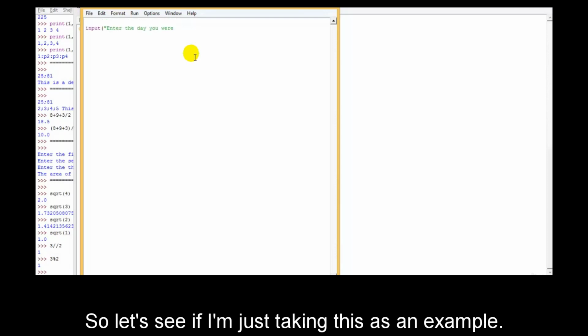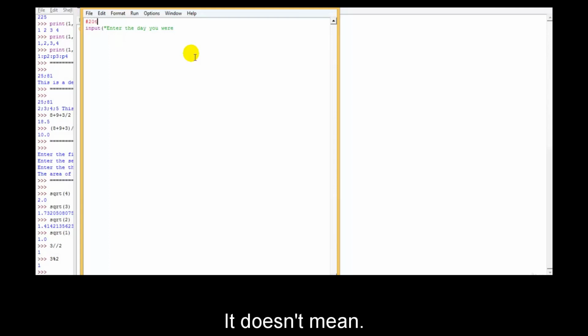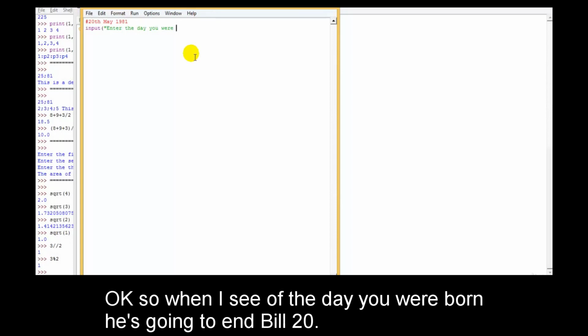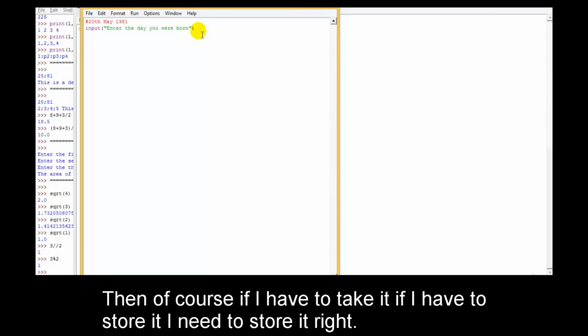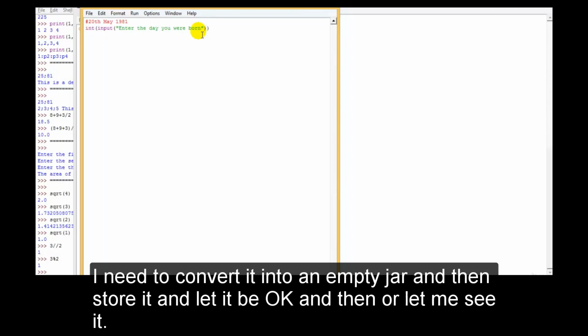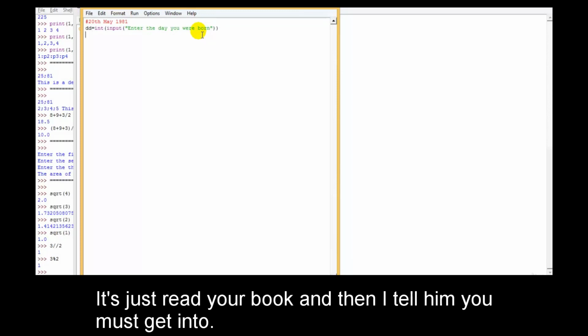So let's say, I'm just taking this as an example, okay, it doesn't mean 20th of May 1981. Okay, so when I say enter the day you were born, he's going to enter 20. Then of course, if I have to store it, I need to convert it into an integer and then store it into, let's say, day, or let me say dd, it's just a variable.